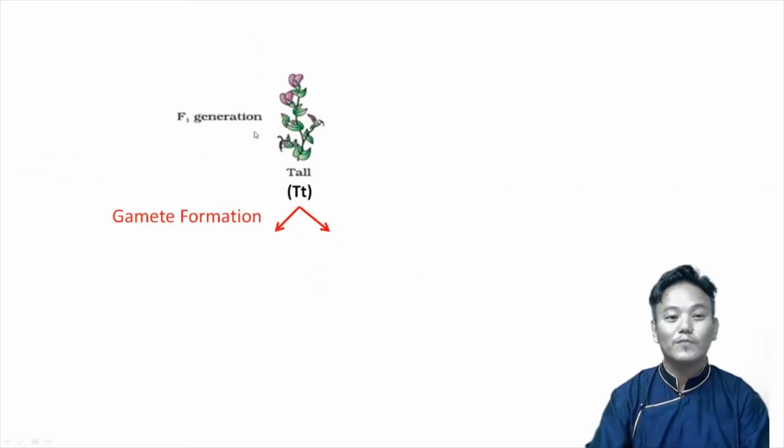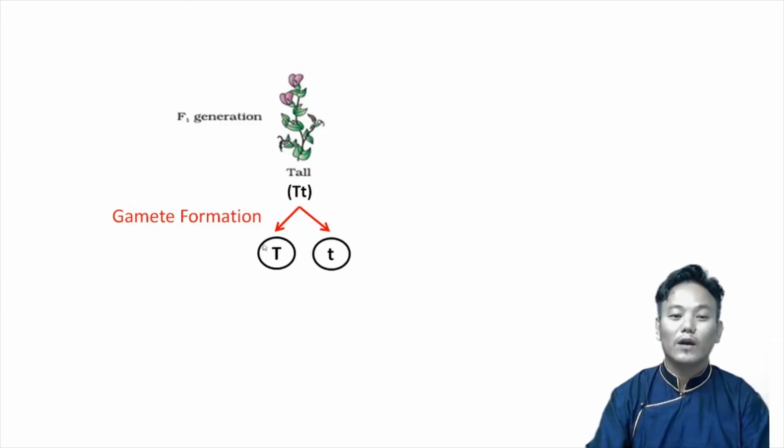We will continue. In the F1 generation, when this F1 hybrid tries to produce gametes, it has different alleles, one capital T and one small t. When it produces gametes, half of the gametes will have capital T and half will have small t. That means 50% of the gametes will have capital T and 50% will have small t.